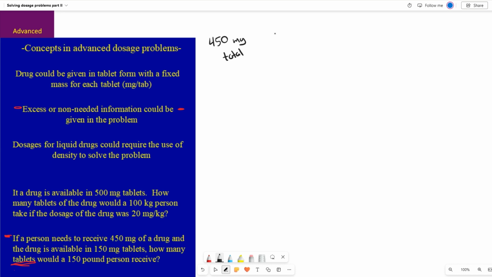That's the total amount of drug that the person needs to receive. We're also told that the drug is given in 150 milligrams per tablet. Okay, so this is drug, and this is drug here. And then we're also told that the person weighs 150 pounds.